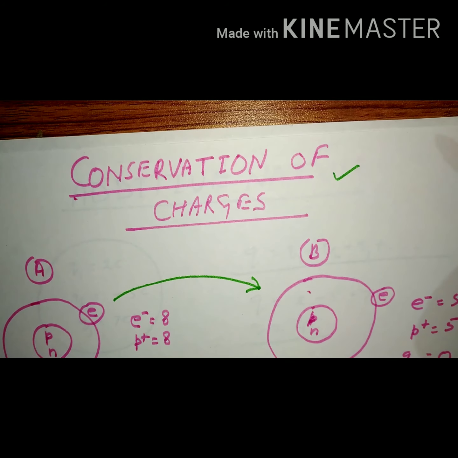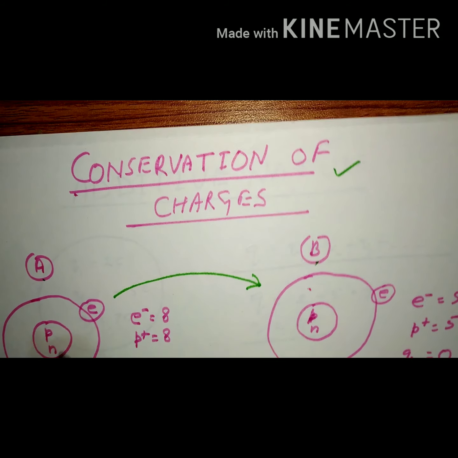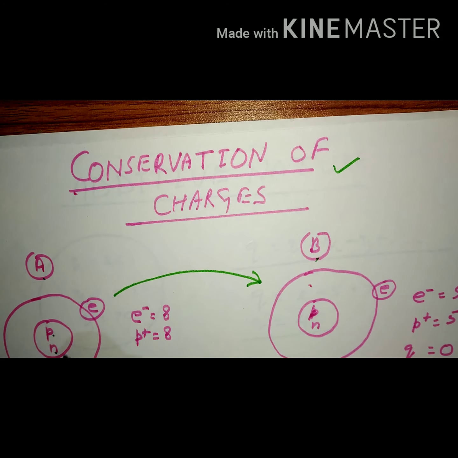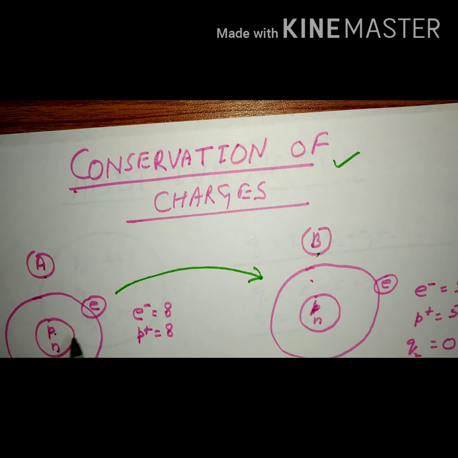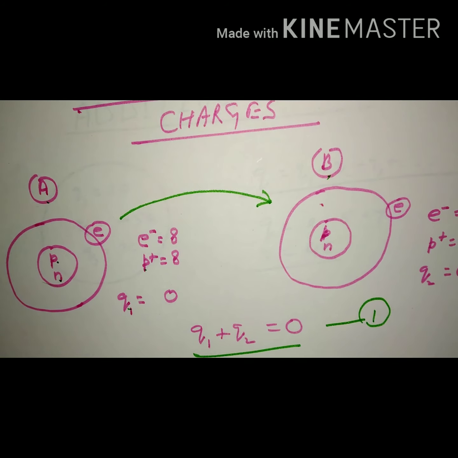In the conservation of charges, here we have taken two materials A and B. There are protons and neutrons confined inside the nucleus in both materials A and B. Suppose that there are 8 electrons and 8 protons. So this material A is electrically neutral and the initial charge on this body is 0.